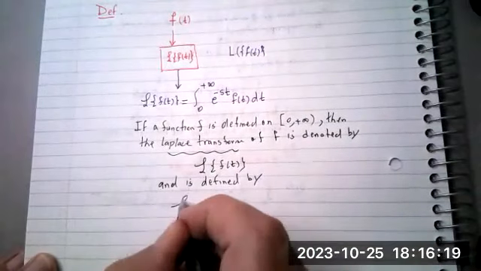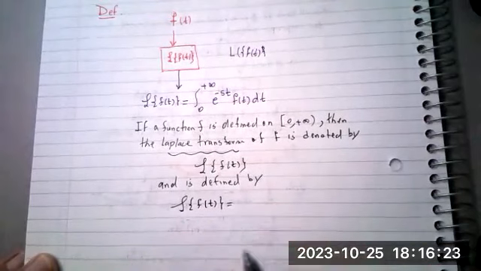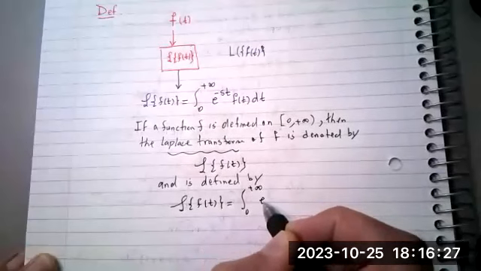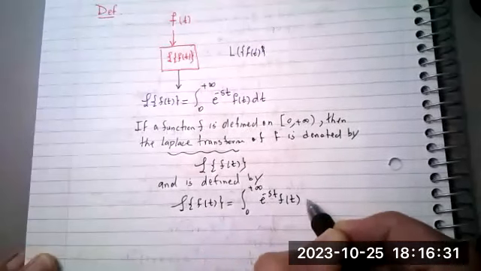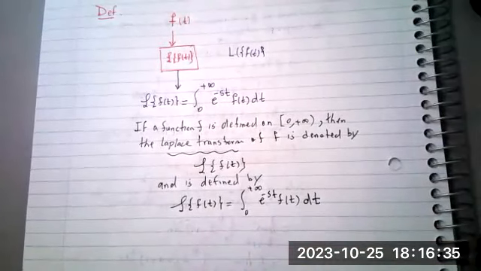The formula is Laplace of f of t, I just repeat that formula at the top, equals the integral from 0 to positive infinity of e to the negative st f of t dt. Of course, if this integral converges, you get the numbers.